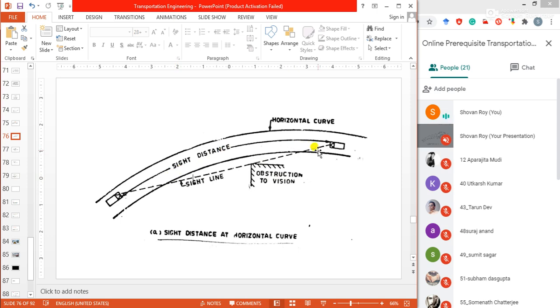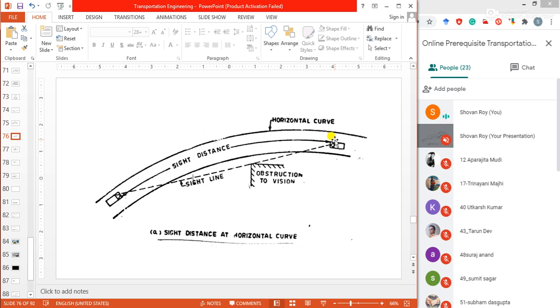Sometimes, if this obstruction is very close to the curve location, then as a civil engineer or road engineer, we should maintain such sight distance that accidents can be prevented or the vehicle can pass very smoothly.